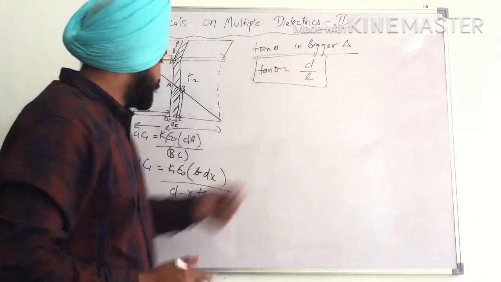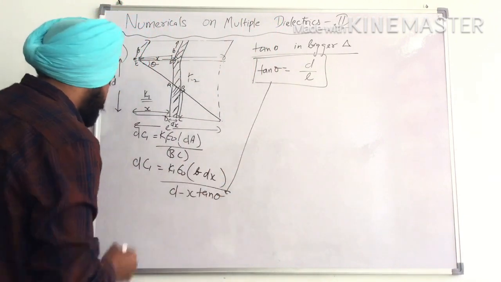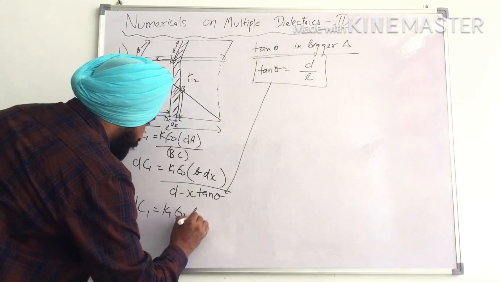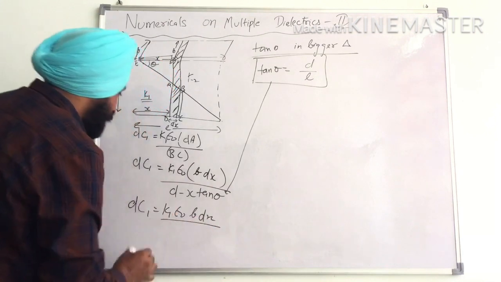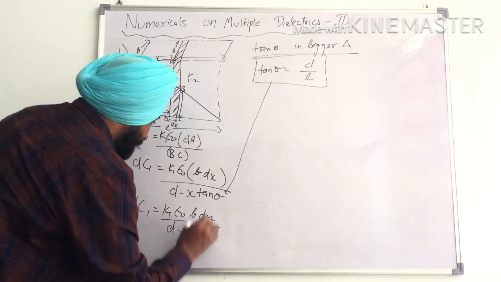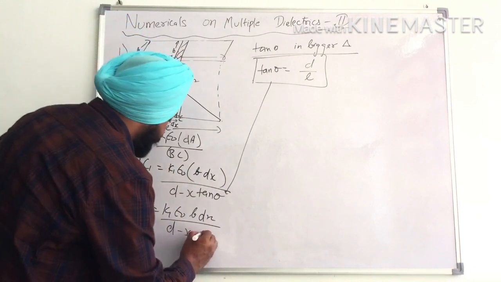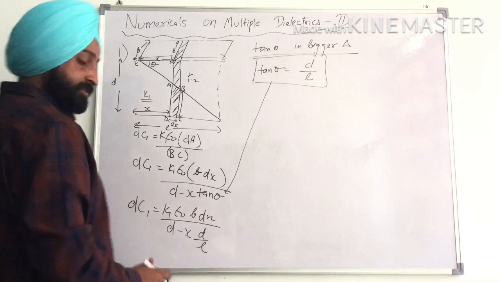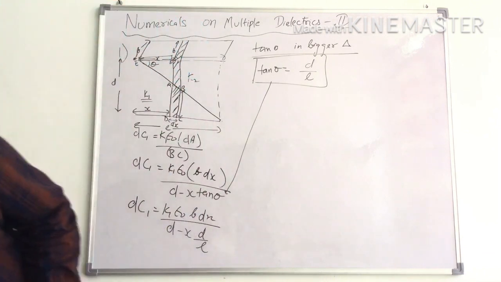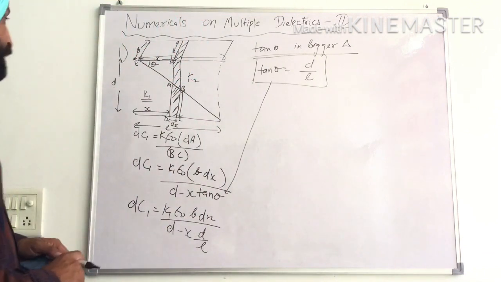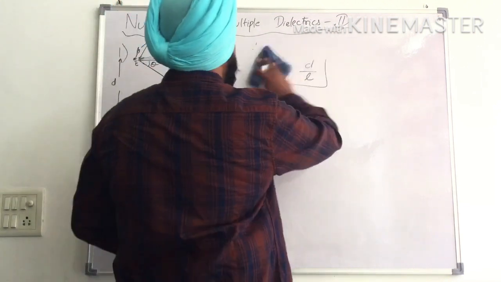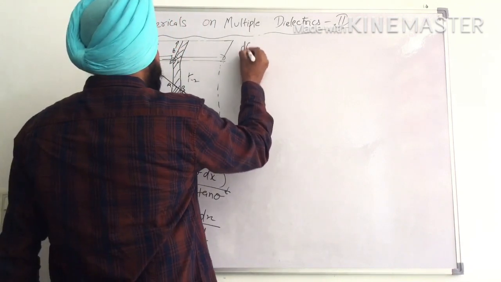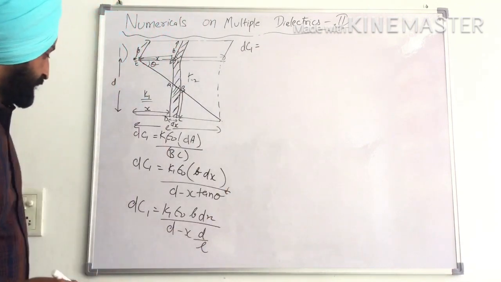Now if we substitute this value over here, what will our equation become? It will be equal to K1 epsilon naught B dx over D minus x. Instead of tan theta I will be writing D by L. I hope this is clear. Now we can further simplify this.